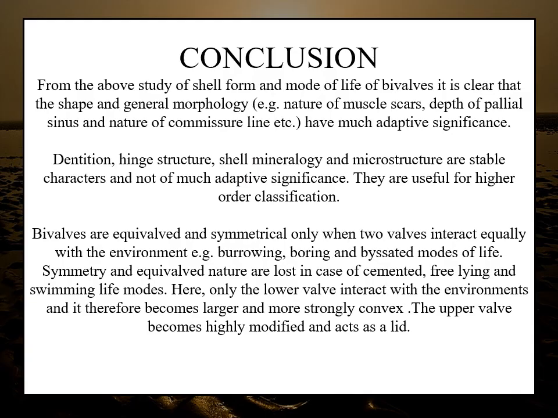So in conclusion, it can be said that from the above discussion of shell morphology and mode of life, it is clear that the shape and general morphology, that means the nature and size of muscle scars, their orientation, position of muscle scars, depth of pallial sinus, nature of commissure line, have much adaptive significance to the mode of life, and that their orientation or their position, their shape has changed with respect to different environmental conditions in which the bivalve lives. That means they are changing with different modes of life.